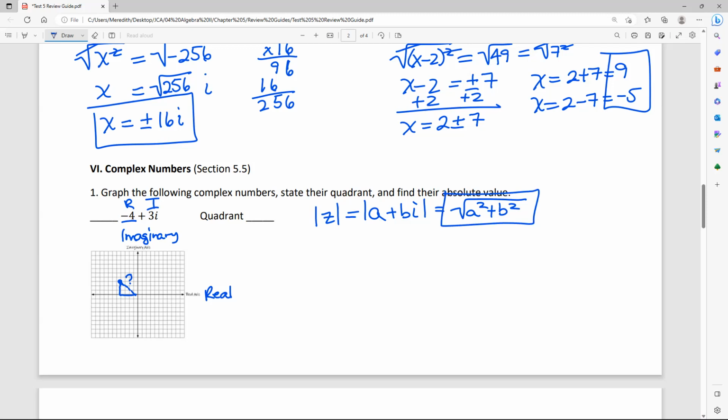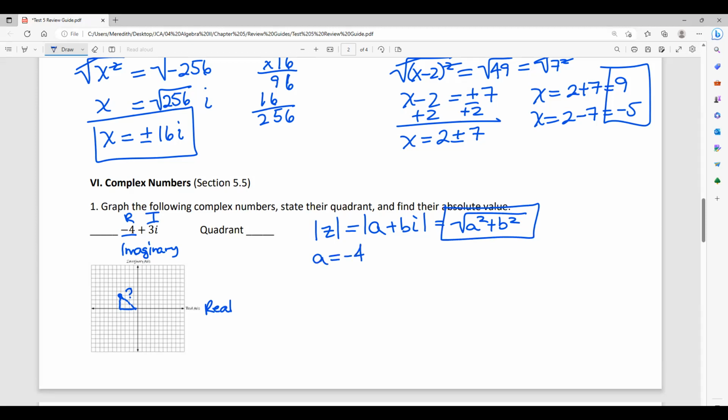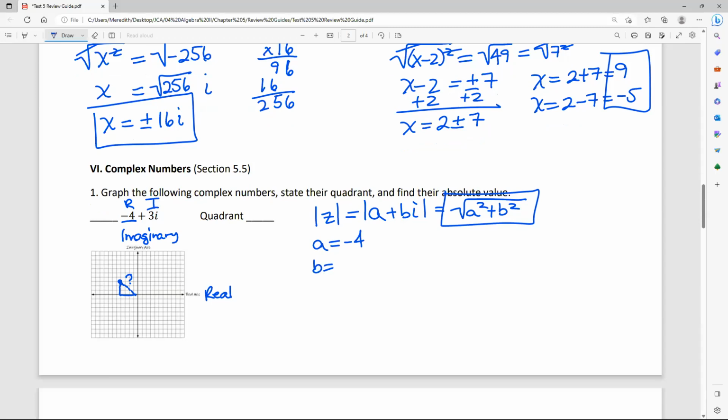Now, the important part is a is the real number, -4. b is the coefficient of i, which is 3. So we plug that into our formula, and we have -4. Make sure it's in parentheses because this is negative times negative, plus b squared, which is 3 times 3.